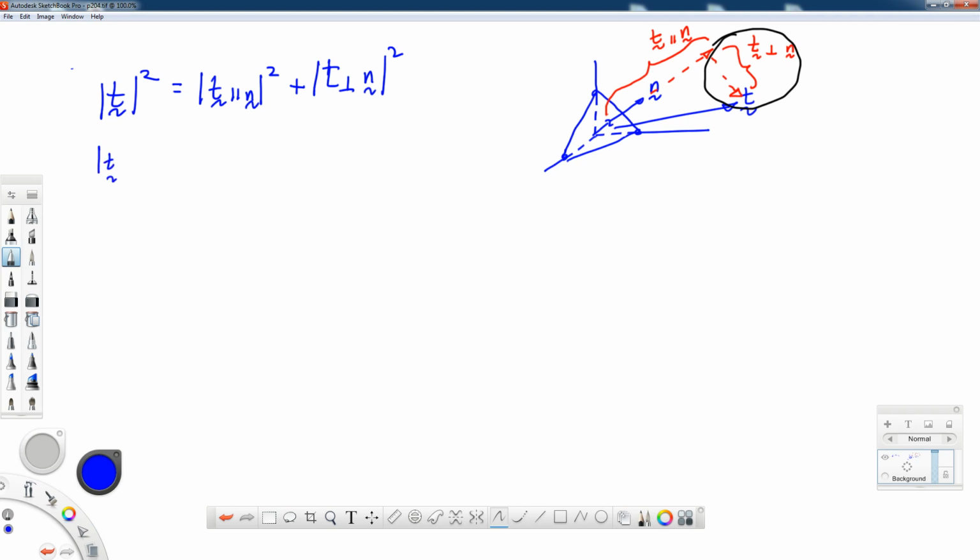The magnitude of t perpendicular to n is going to be the square root of the magnitude of t squared minus the magnitude of t parallel to n squared. All right, so we found the magnitude of the second term, t parallel to n squared. Now we need to find the magnitude of t and square it.